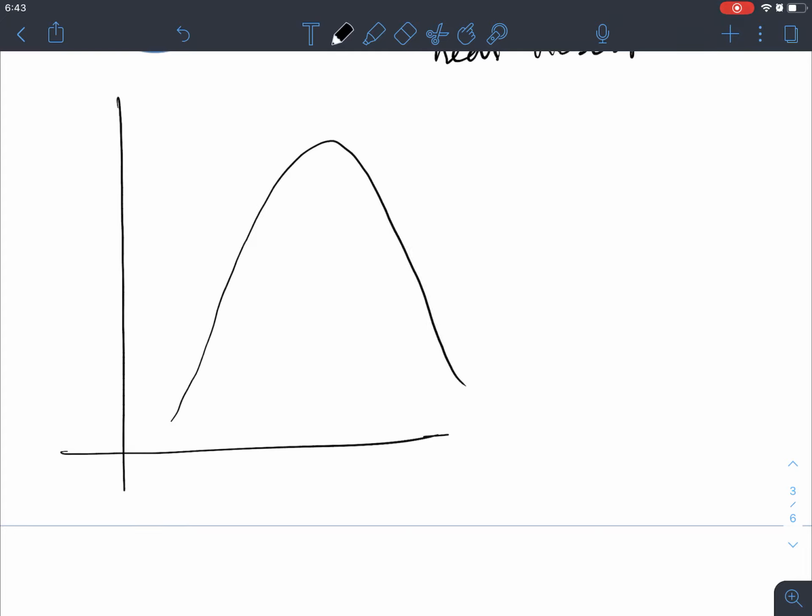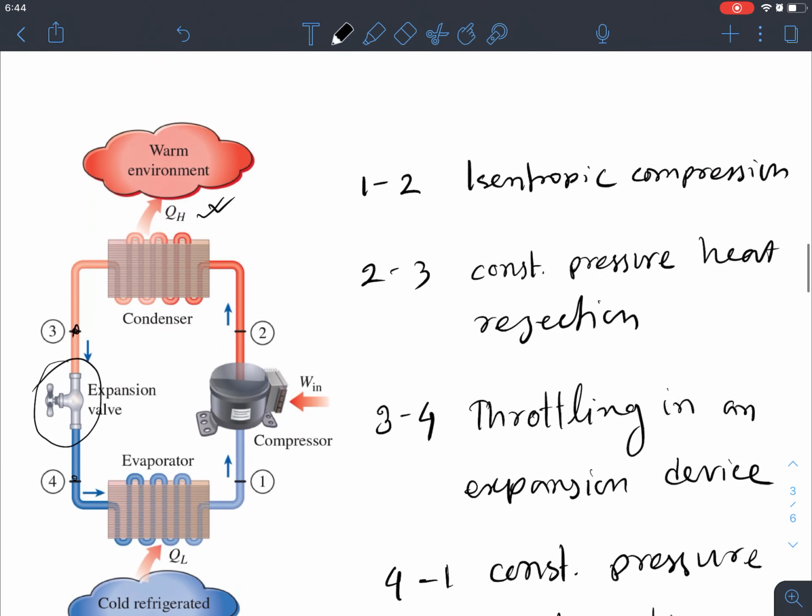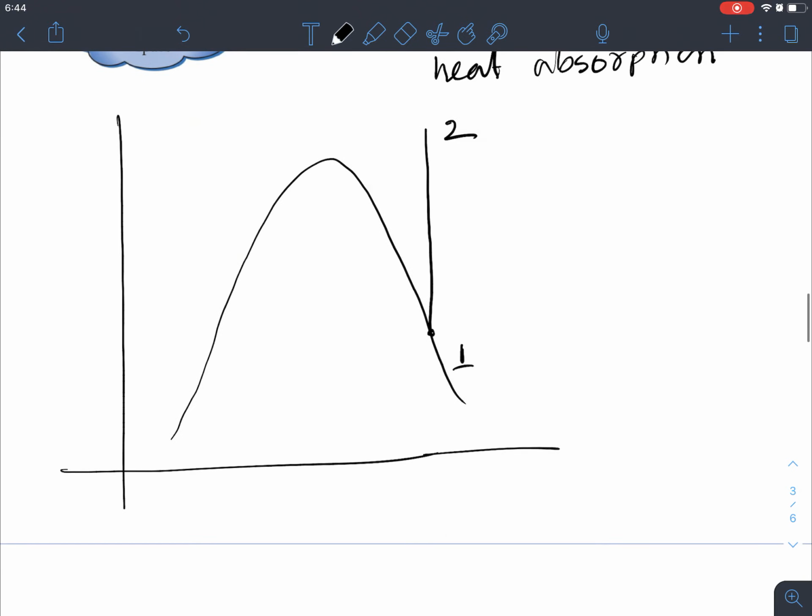So this is the saturated dome, right? So basically we see that the compressor inlet is the saturated vapor. So 1 to 2 would be like this. So this is number 1, this is number 2. Okay, and then 2 to 3 is the heat rejection, right? So heat rejection will be something like this. 2 to 3 heat rejection.